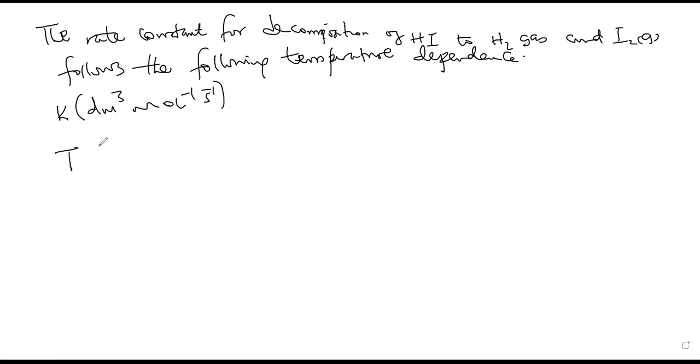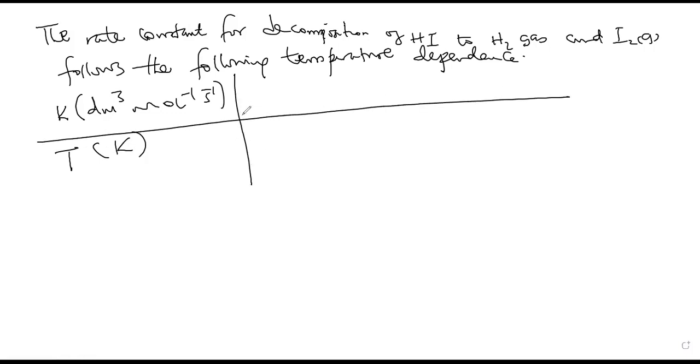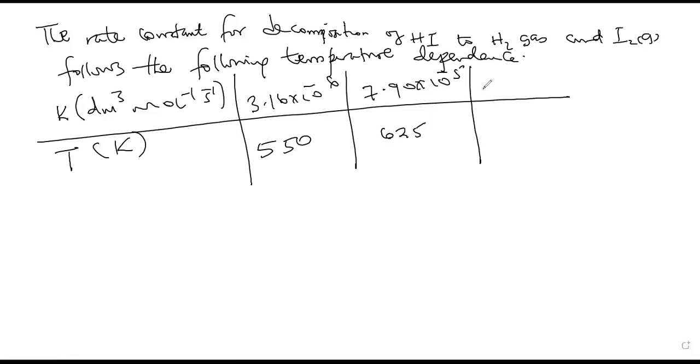Here we have temperature in kelvins. We shall have 3.16 times 10 power negative 6; this is 550. Here we shall have 7.90 exponent negative 5, at 625. Here we shall have 3.20 exponent negative 3, at 700. And here we shall have 0.10, at 830.